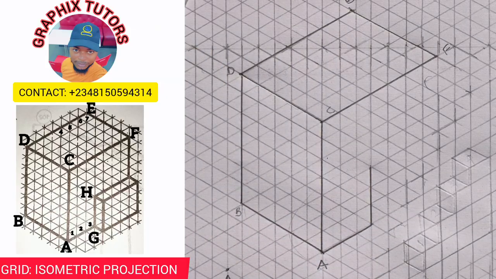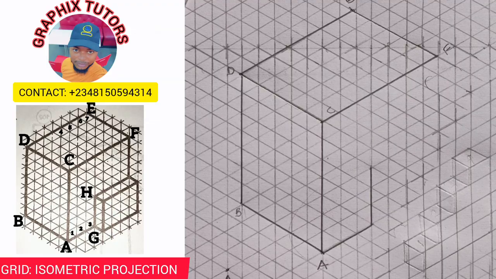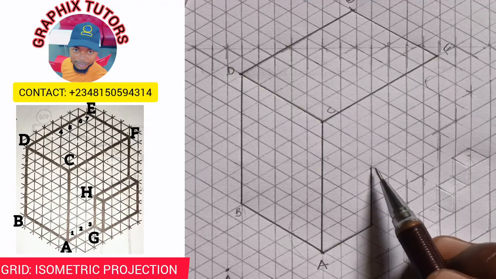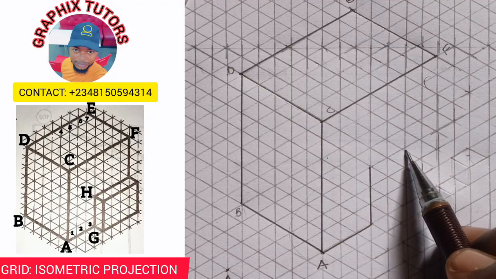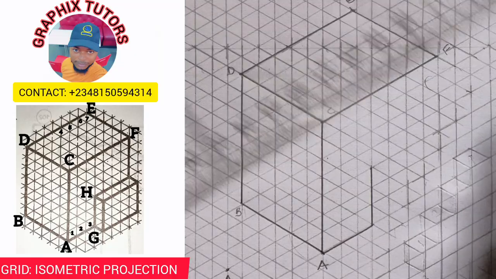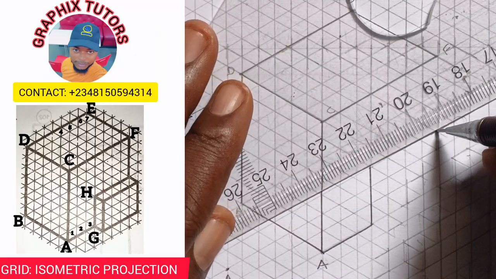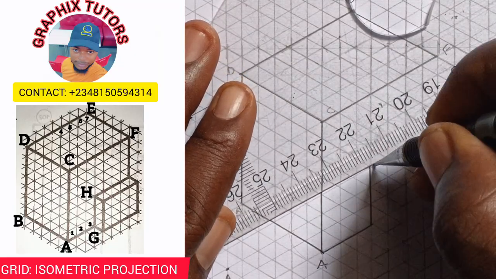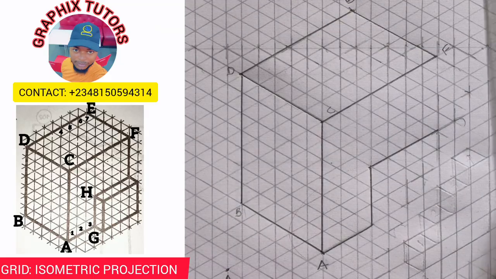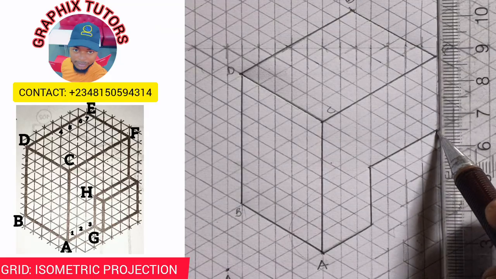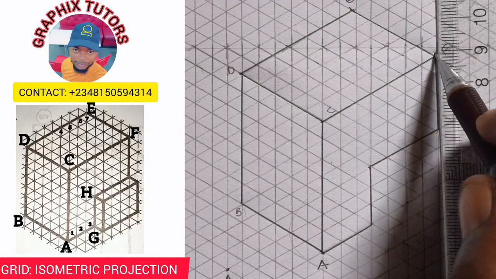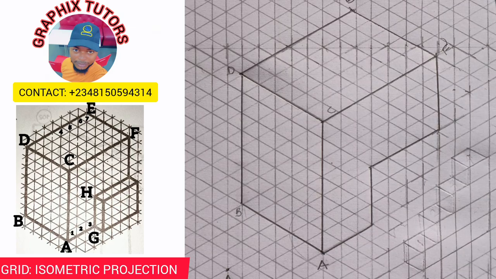Can you see that? Then going towards the right, 0, 1, 2, 3, 4. And this is 0, 1, 2, 3, 4. So I'll draw it again to that point. Then I'll bring this down to touch it. Can you see that?